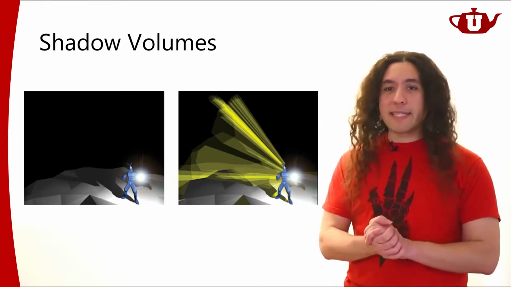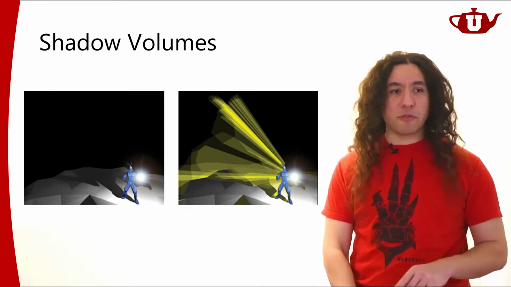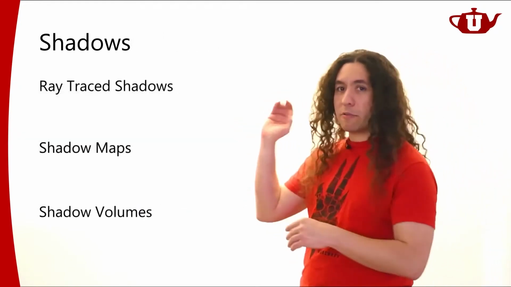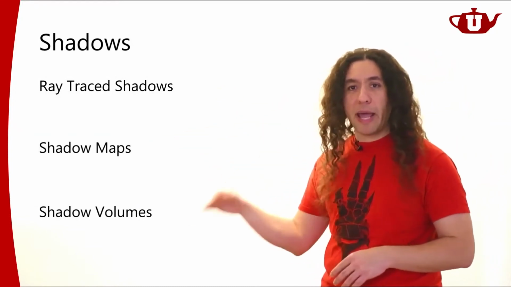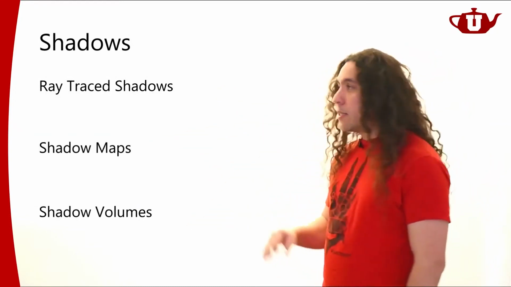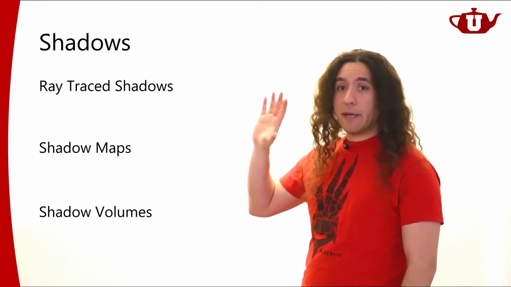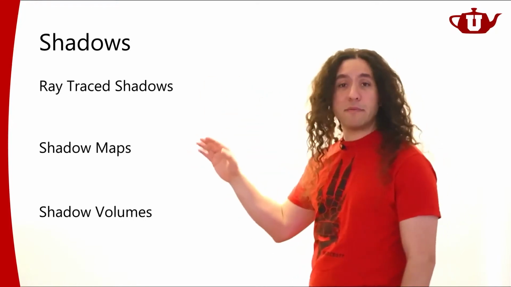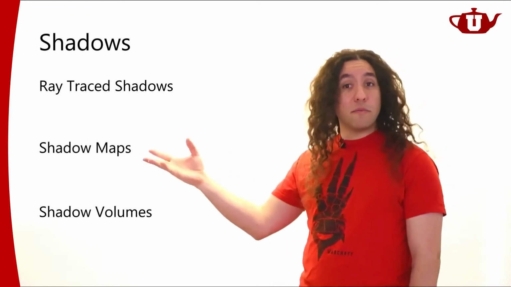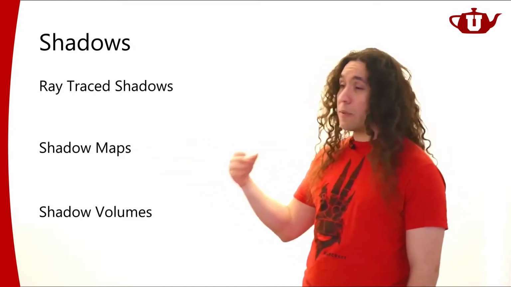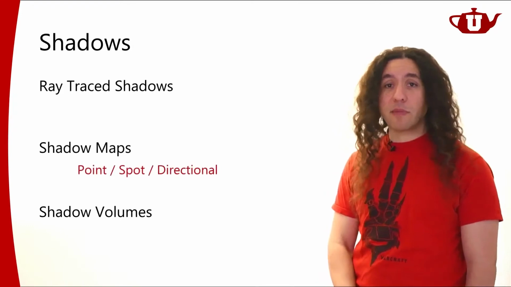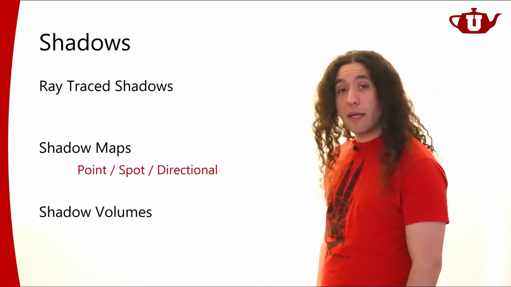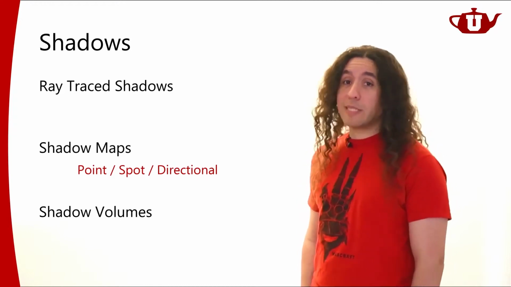All right, so as I said, there are many ways of computing shadows, but the ones that we talked about today were just these three: ray trace shadows, shadow maps, and shadow volumes. Ray trace shadows would be the general way of computing shadows. Shadow maps would oftentimes give you much more efficient shadows, and they work with rasterization, so that's oftentimes the preferred method in real-time rendering today, but it only works for certain types of light sources.